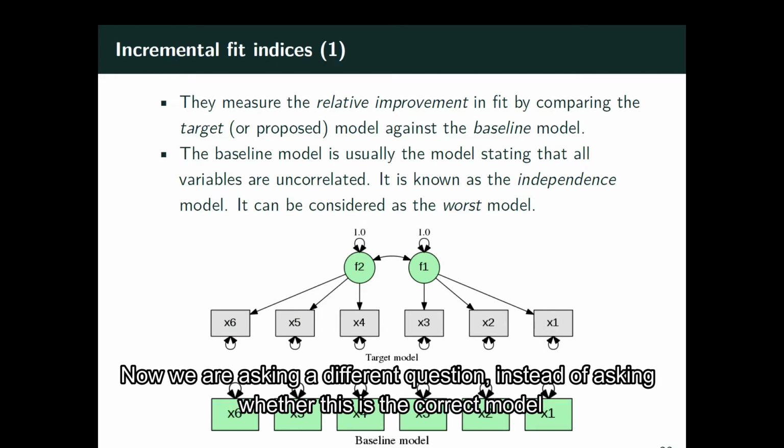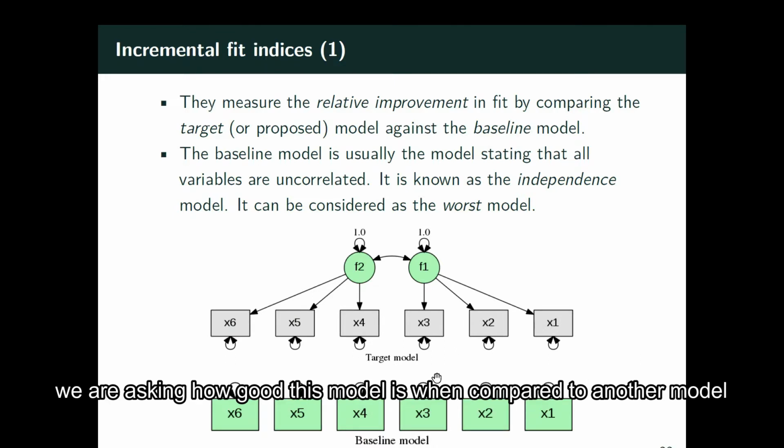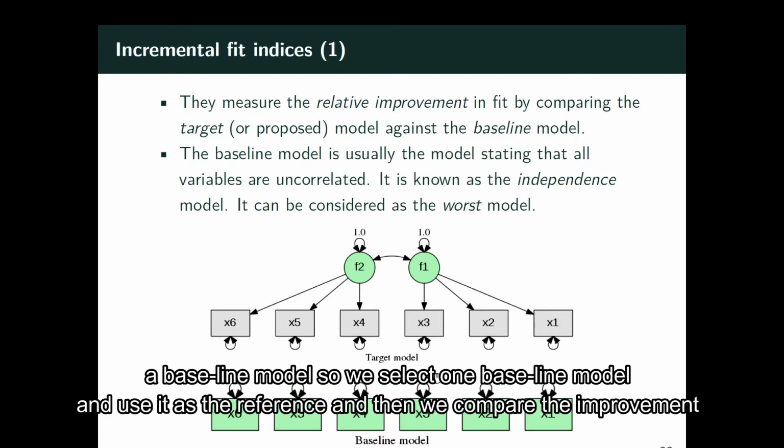Now we are asking a different question. Instead of asking whether this is the correct model, we are asking how good this model is when compared to another model, a baseline model. So we select one baseline model and use it as the reference. And then we compare the improvement.